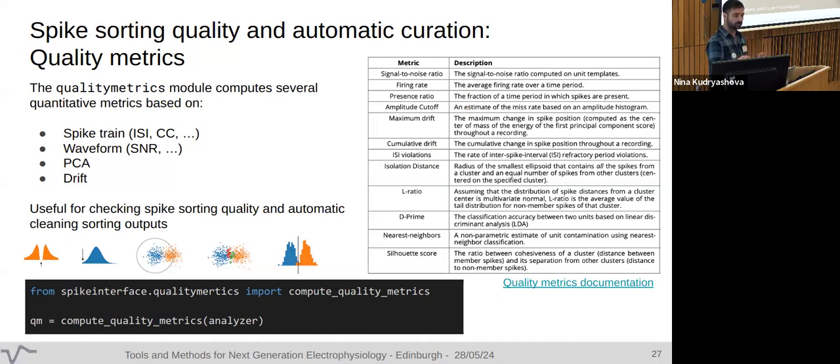Based on these quality metrics, you could design an automated recipe that you can also report in your paper, like the IBL is doing: we only kept the units which have an ISI violation ratio below a certain threshold, an SNR above another threshold, and an amplitude cutoff below a certain threshold. This is an automated and unbiased way to get a higher quality spike sorting output that you can also report transparently in your paper.